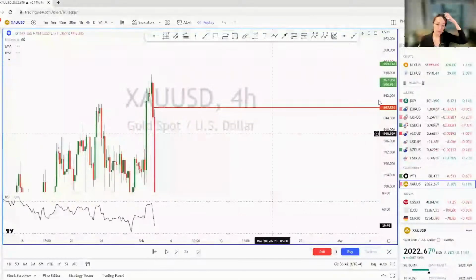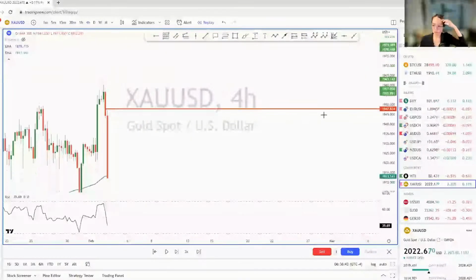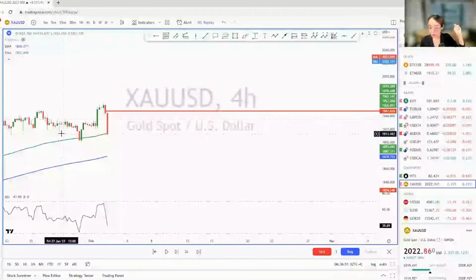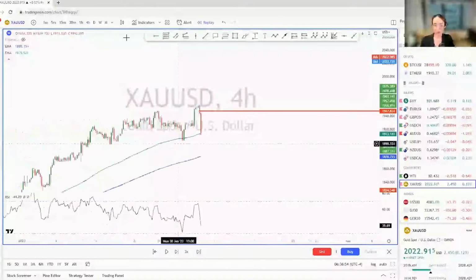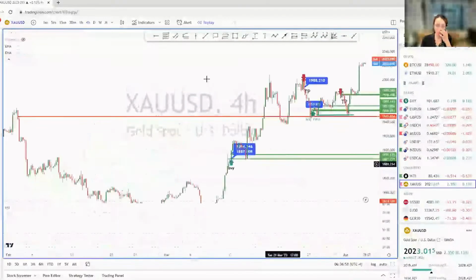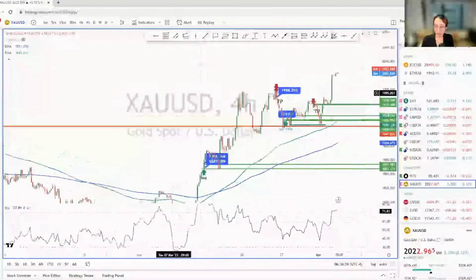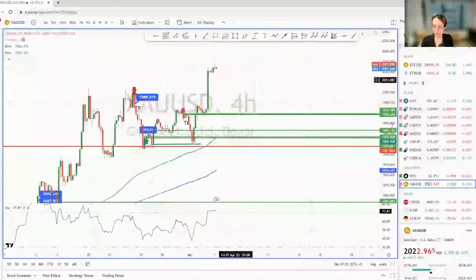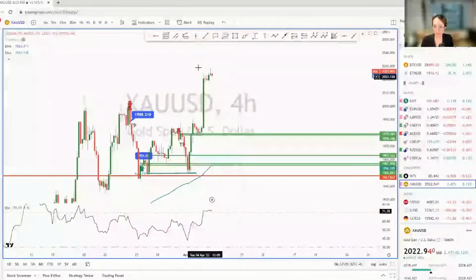I held my loss positions in the beginning here. About 2x just now.